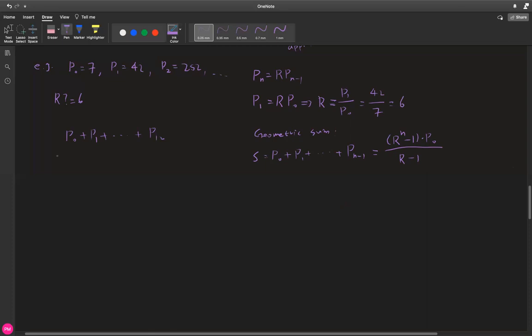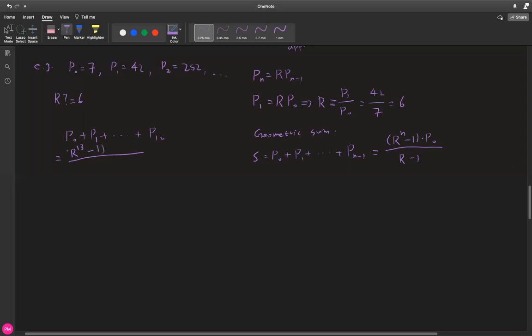So here, since we have 0 to 12, we know that this sum is going to be r to the 13. This is 13 because this is 12 and there are 13 terms.